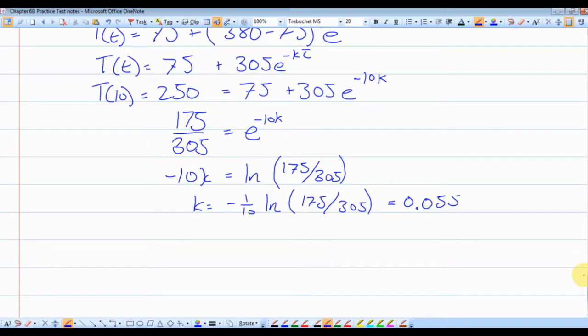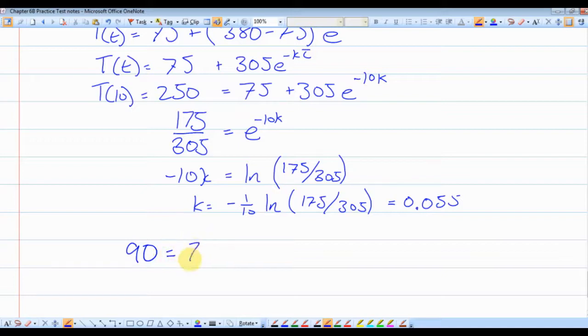Okay, I'm writing that, but I'm not actually going to use that for anything. Because the question now is, when is the cake going to cool to 90 degrees? So, what is the temperature going to be at 90 degrees?